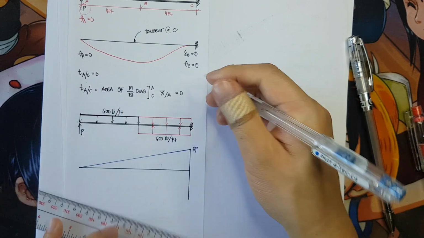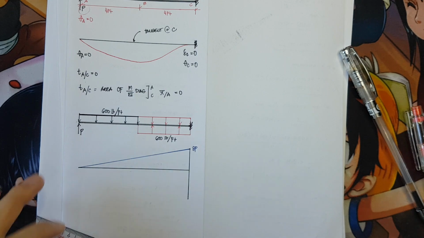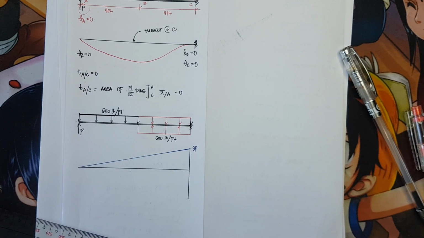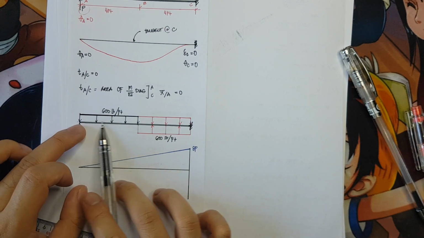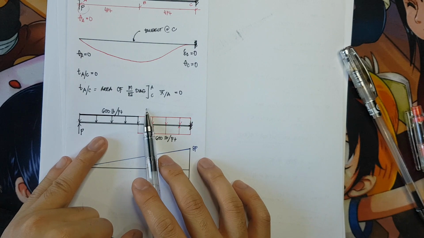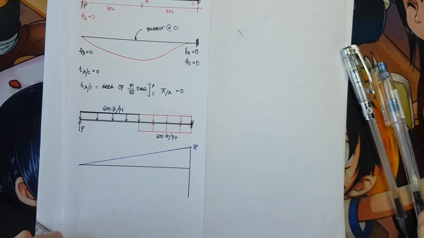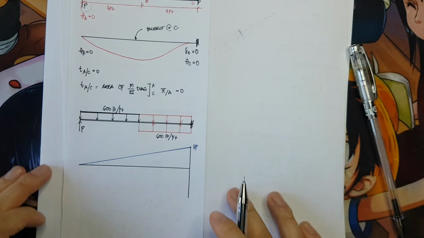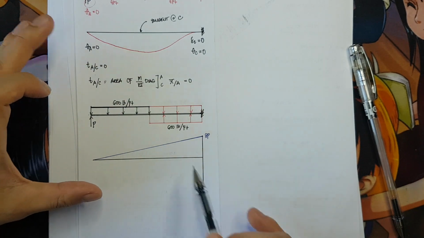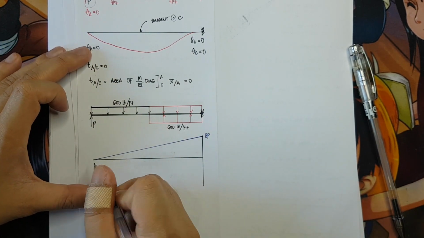Okay. Next, we have here 600 pound per foot. On the load diagram, it is a uniformly distributed load that is 0 degree. Shear diagram, first degree. Then, for the moment diagram, it is a second degree curve, and take note, it is pointing downward. So, it is negative.